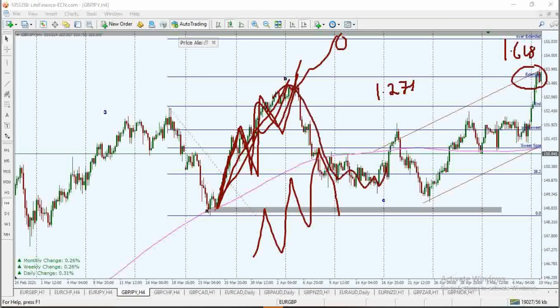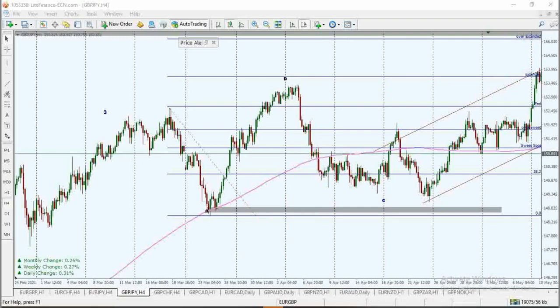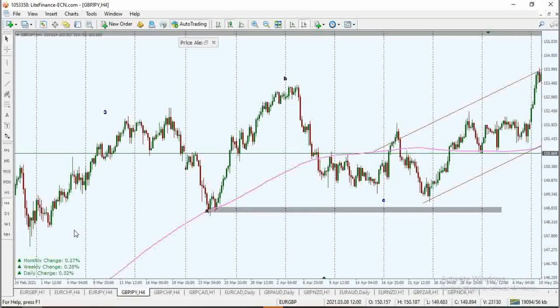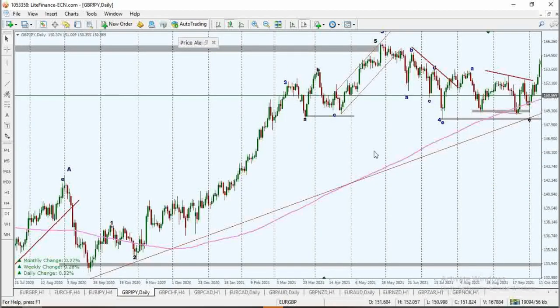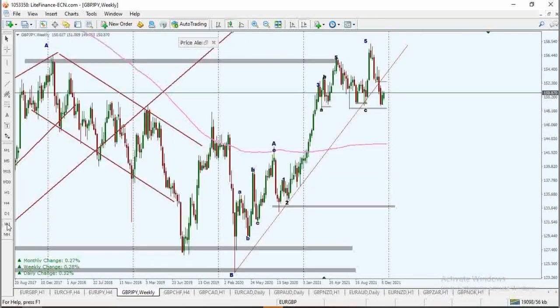So what I did this time was wait for price to hit this zone. There were 2 areas I was looking at, and I looked for price to be back into the structure. I also moved in between time frames, including the daily and the weekly.